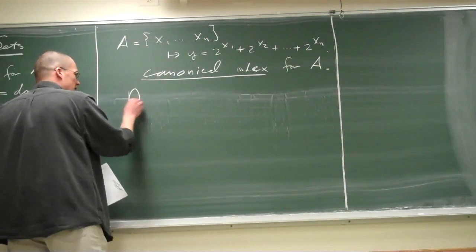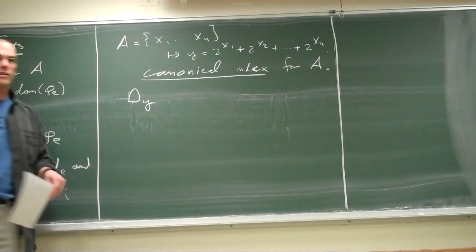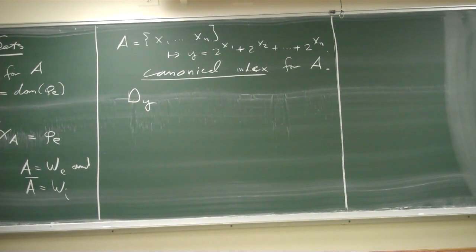So related to this notation, we use the notation d sub y for the finite set encoded by y. And of course any natural number encodes some finite set in this particular way.